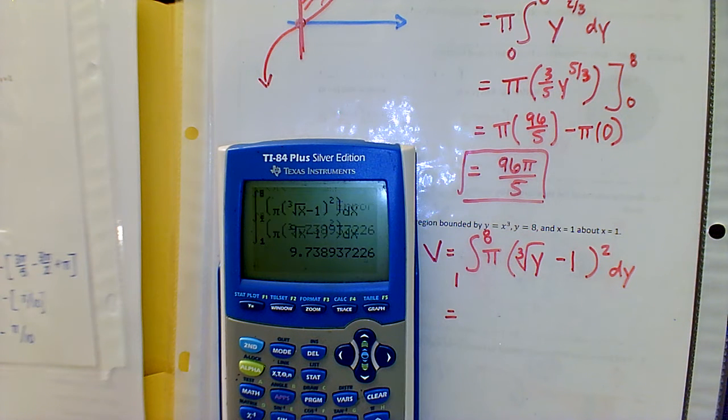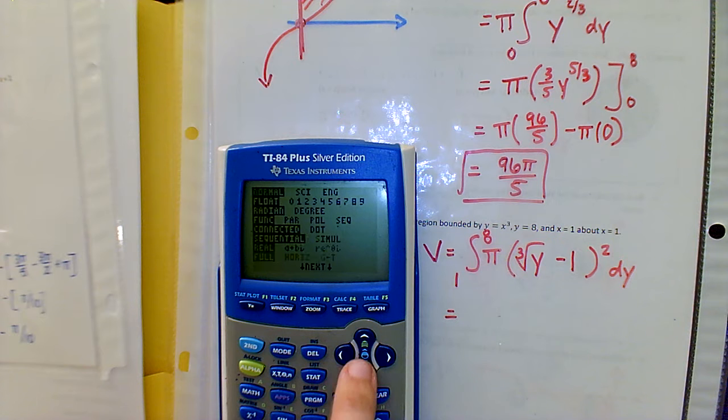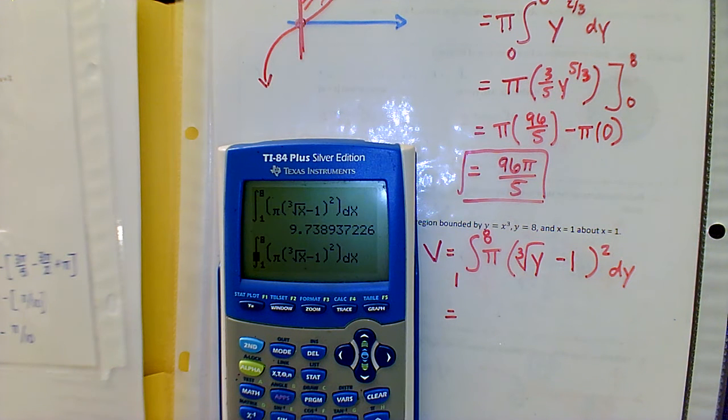Oh, I'm missing a parenthesis in there. Aren't I? Maybe not. No. Are you using degrees or radians? It shouldn't matter for this one because we're not dealing with trig, but it's in radians.